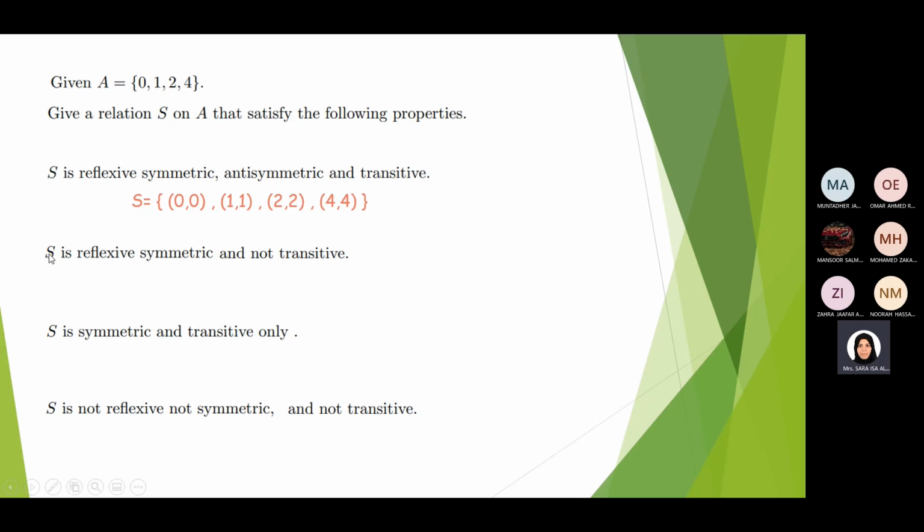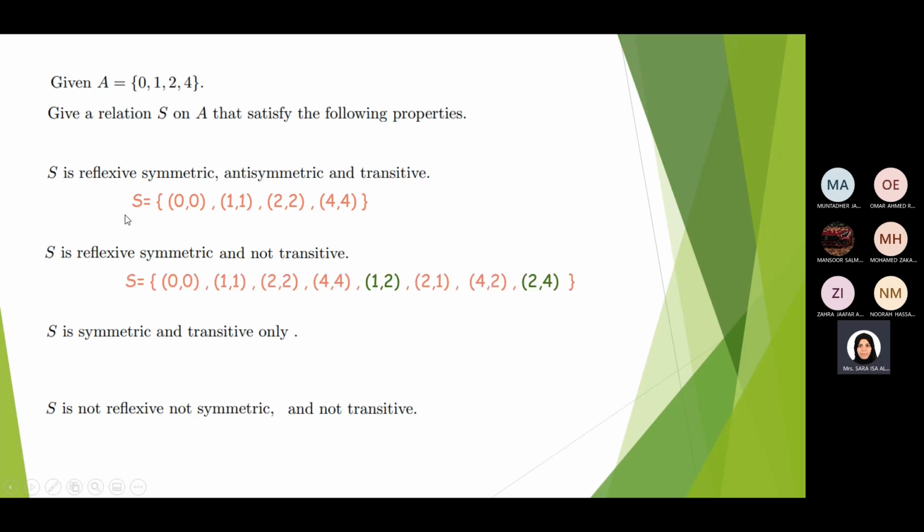For example, here S, they wanted to be reflexive, symmetric, and not transitive. So here, to make it reflexive, I have to add 0 0, 1 1, 2 2, 4 4. This should be added to make it reflexive. I have to make it symmetric, so I can keep it as it is, and I can add extra pairs, okay?